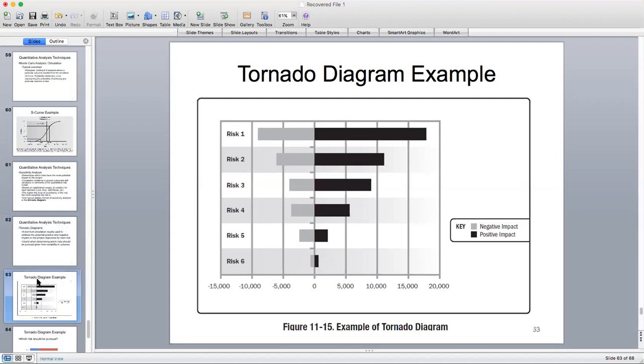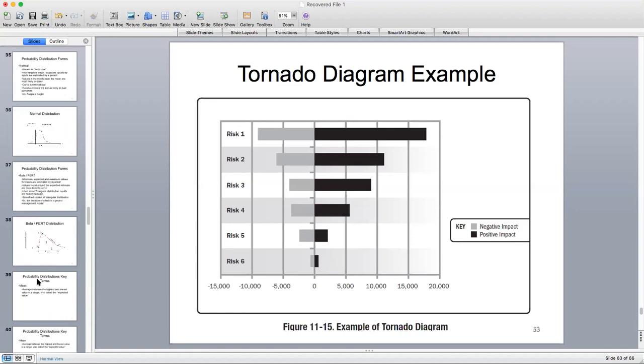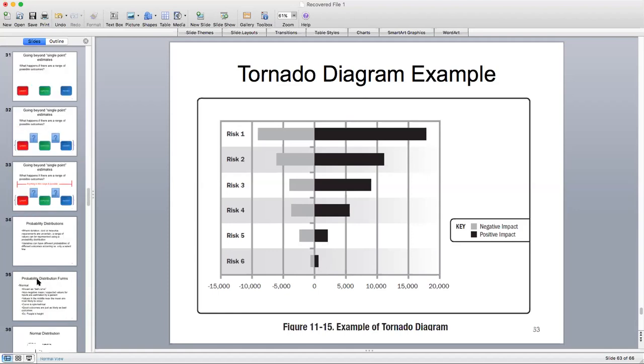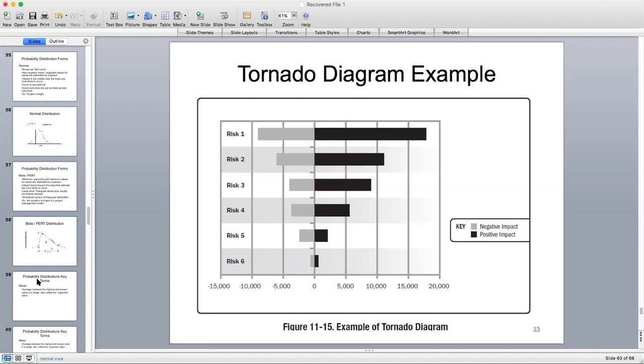Okay, so that's an example of looking at quite a lot of different things, starting with looking at probability distributions, going beyond single point estimates, and then we looked at the example of the PERT formula. We looked at probability distributions and something called standard deviation.